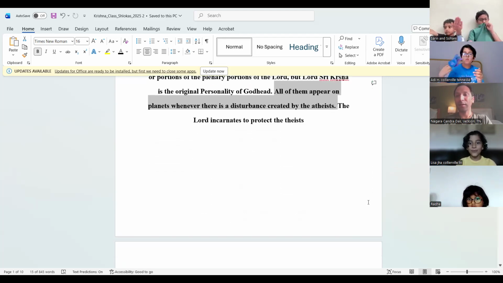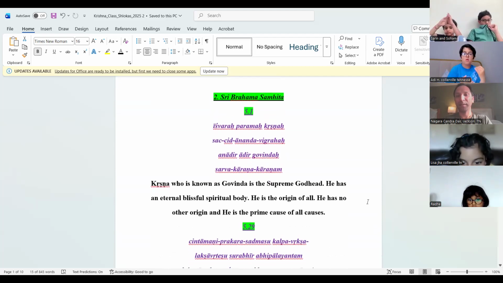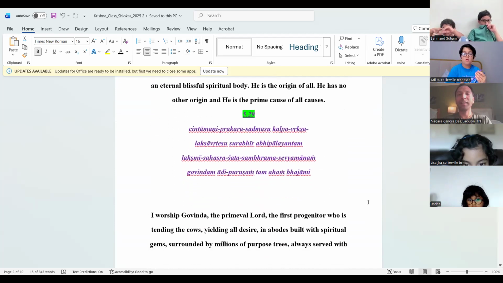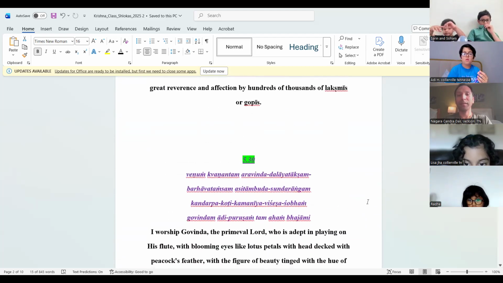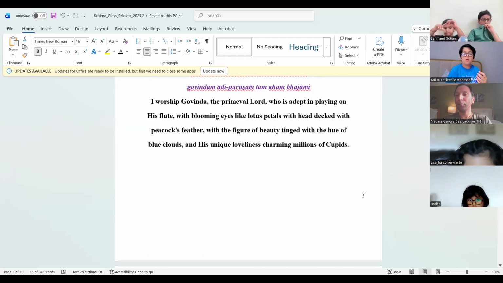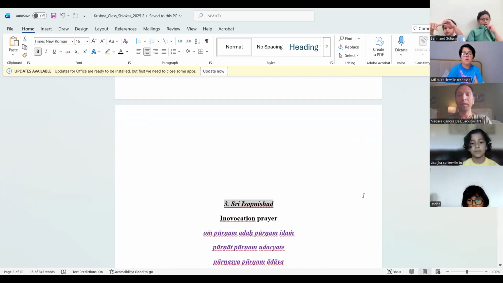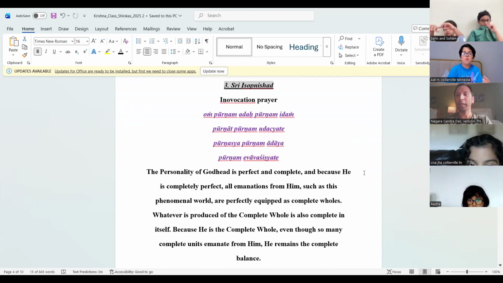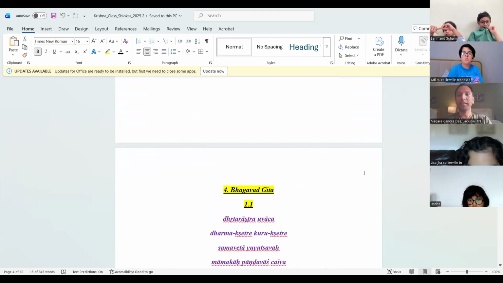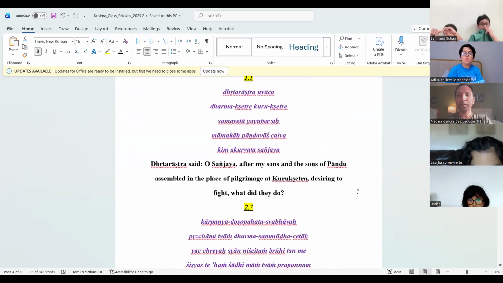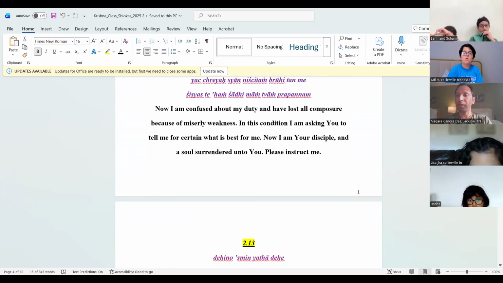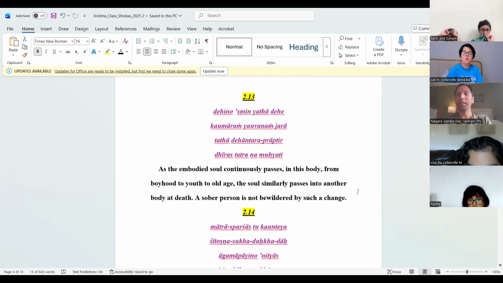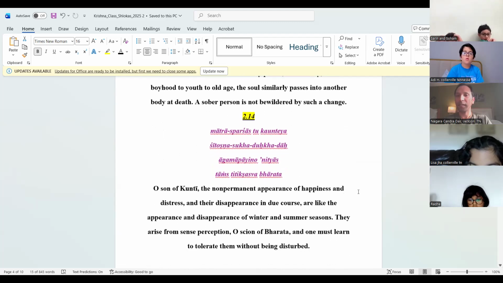So this document talks about the shlokas we have done. Ishvara Parama Krishna, Chintamani Prakara, then Venum Kvanantam. These are from Brahma Samhita. Then we did the Shri Ishopanishad invocation prayer. Then from Bhagavad Gita, Dharmakshetre Kurukshetre, Karpanya Dosho, Dehino Asmin, Yatha Dehe, Matra Sparshastu Kaunteya.